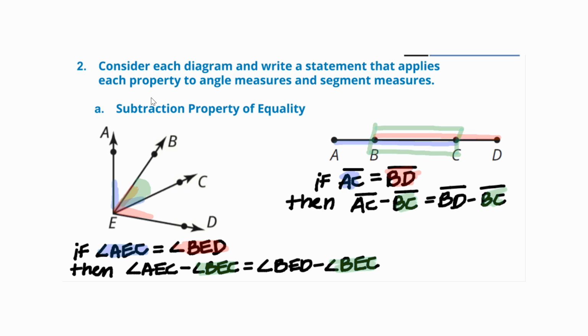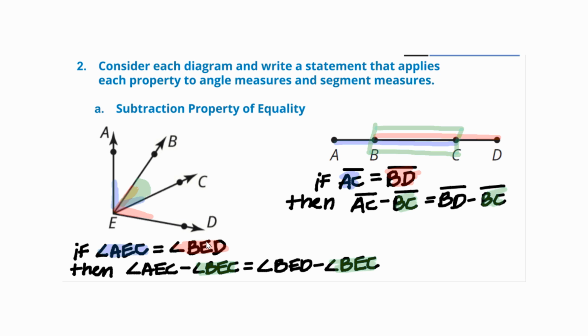Here's one of the practice problems that we went over. Here we were trying to create the subtraction property of equality using the diagram shown separately. So here we have some angles, and I could say if angle AEC is equal to angle BED, then I know that if I took AEC and subtracted out BEC, that is the same as if I were to take BED and subtract out BEC.